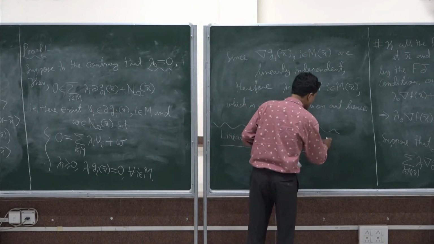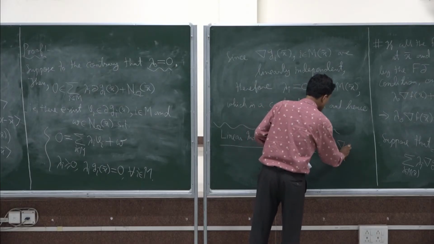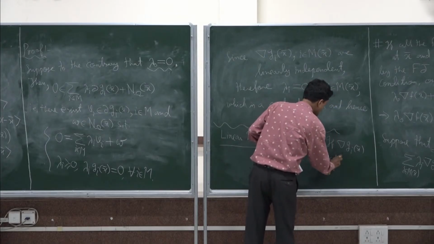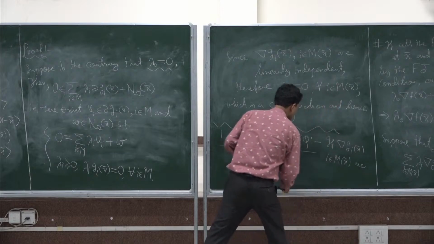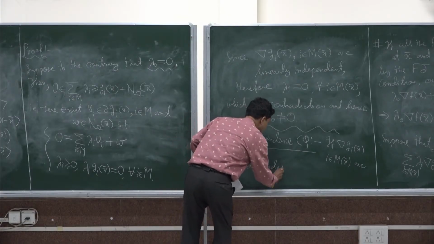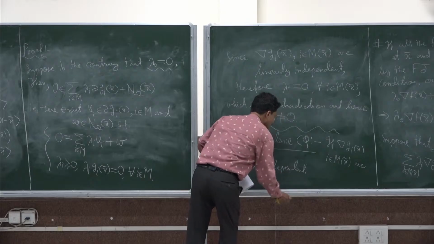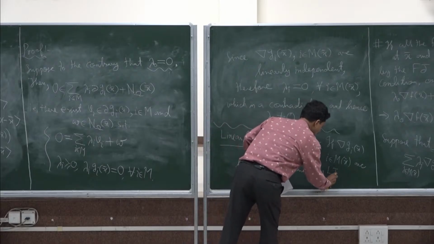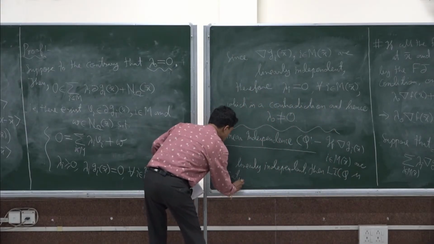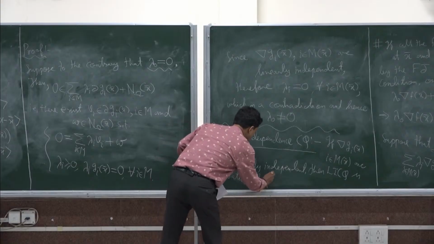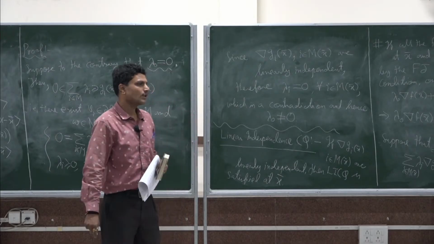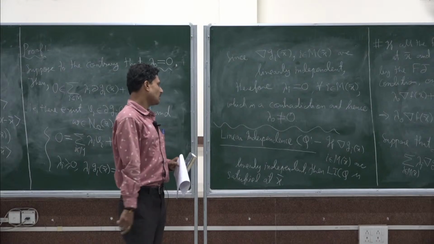So, if the gradients of Gi at x bar, i in M of x bar, are linearly independent, then LICQ is satisfied at x bar, right? Linear independence constraint qualification is satisfied at x bar.